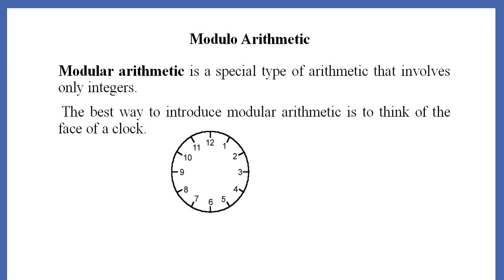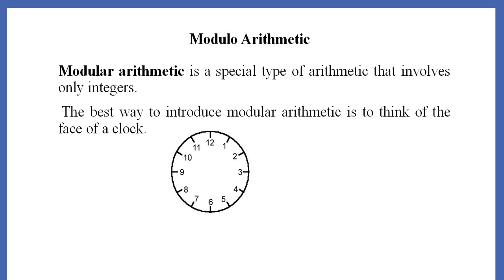How do we get this? If we divide 15 by 12, then the remainder would be 3. So dividing 15 by 12, we are getting 3, and that's how we can say that it's 3 o'clock. And that gives the idea of modular arithmetic, which is also called clock arithmetic.